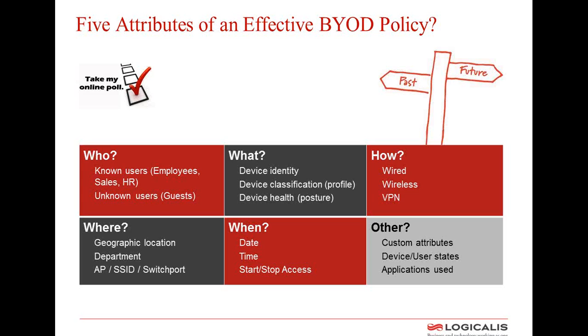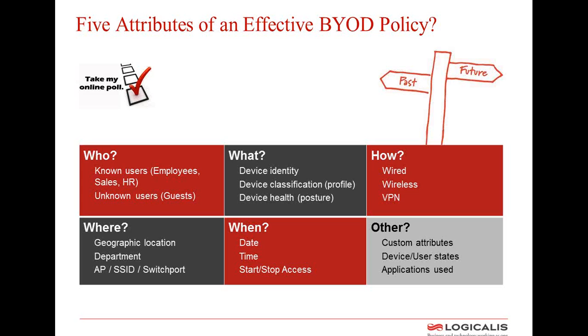Whether or not they're an SOE device, a standard operating environment device, whether or not they meet that criteria or if they're non-compliant, and device health. How are they actually connecting to the network? Are they doing that through 3 or 4G wireless, through the corporate wired network, through VPN technologies, or the corporate wireless network?